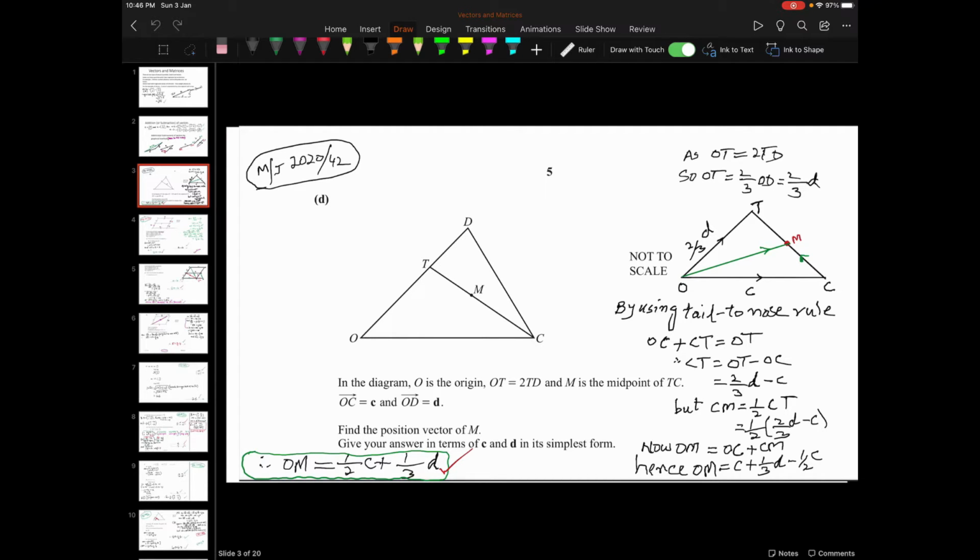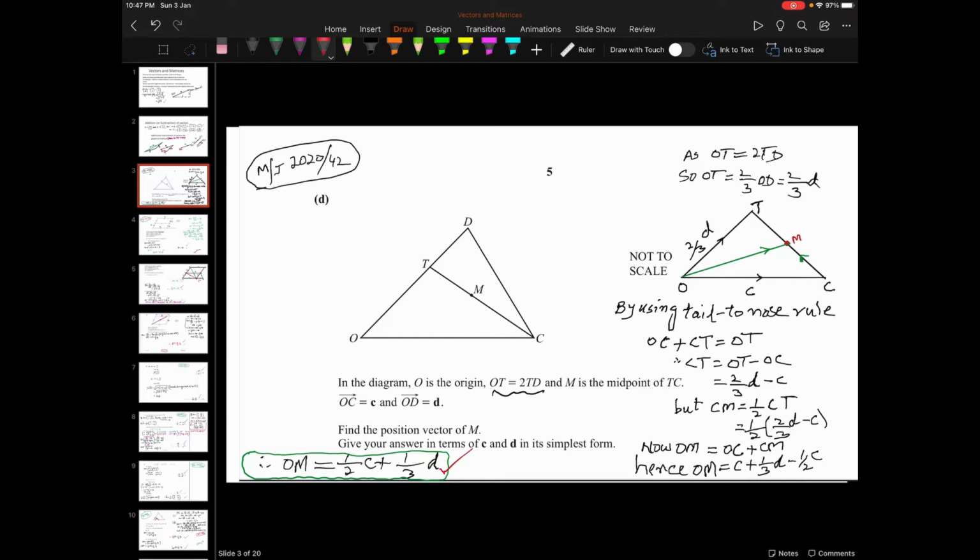In the diagram, O is the origin and OT is equal to 2TD and M is the midpoint of TC.